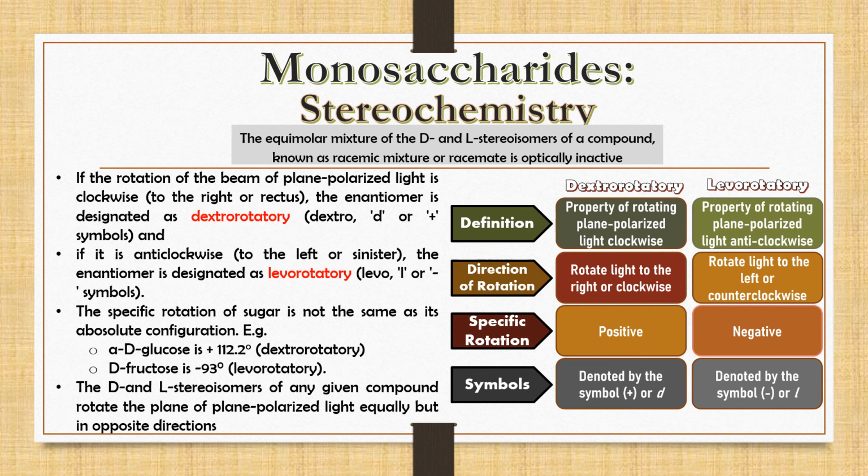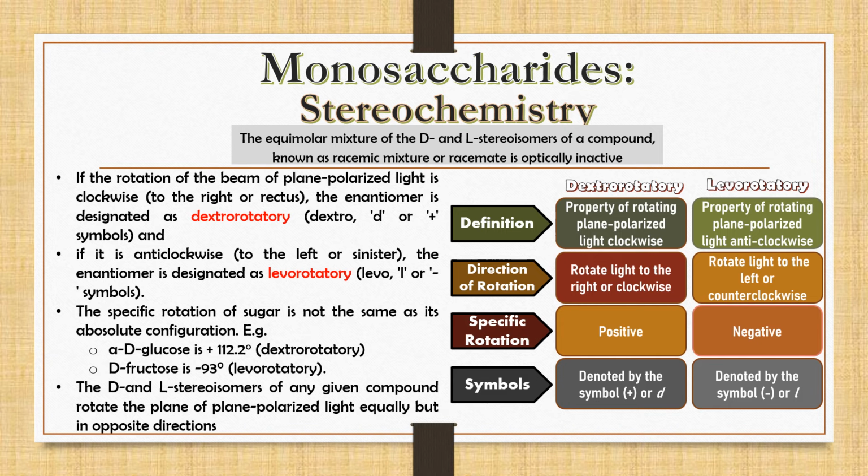So the D and L stereoisomers of any given compound have identical physical properties and identical chemical reactivities, with two exceptions. They rotate the plane polarized light equally but in opposite directions. They react at different rates with reagents that are themselves asymmetric.